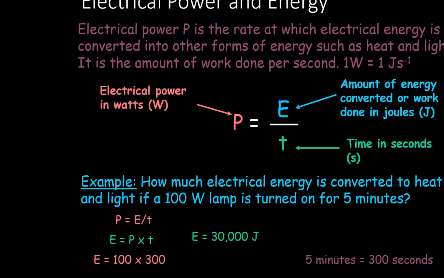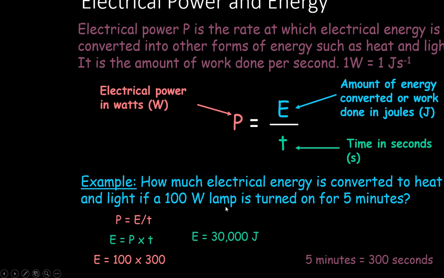It's important to keep power with the symbol P, but the unit watts, W, separate from work, which has the symbol W, but a different unit. So, anytime we're given some information that tells us two of energy, time, and power, we can always work out the third one using this equation.